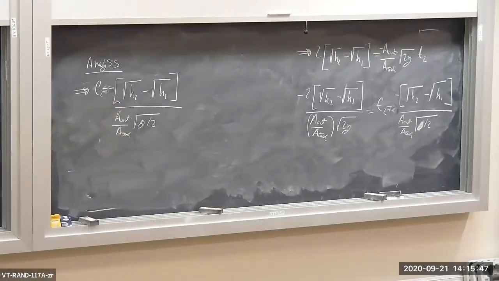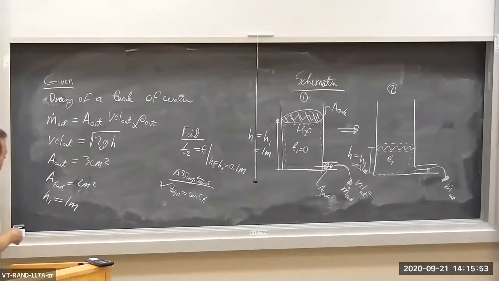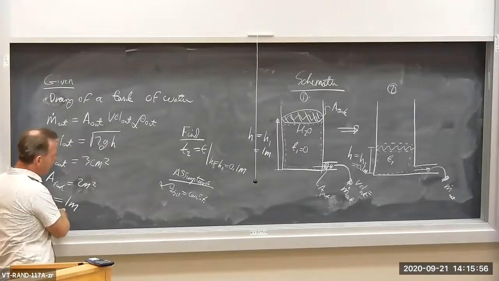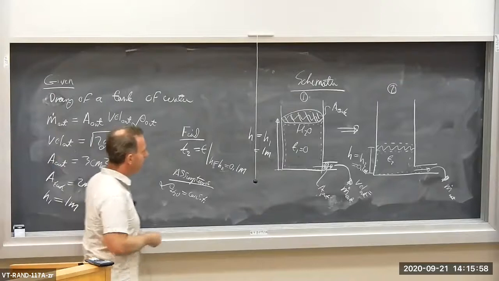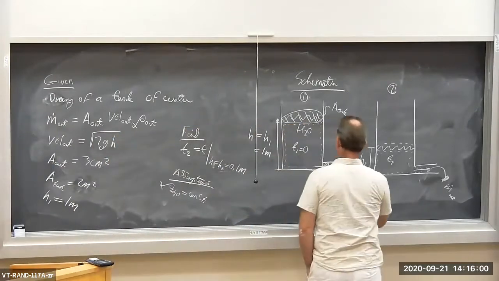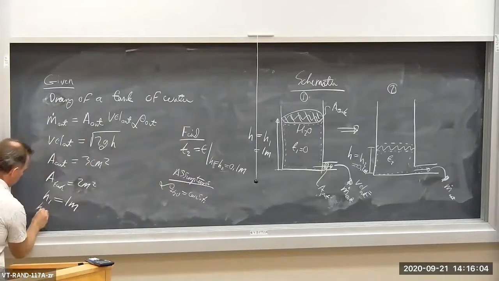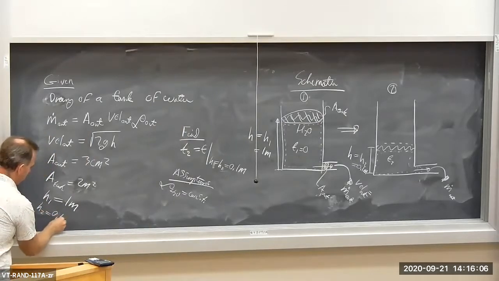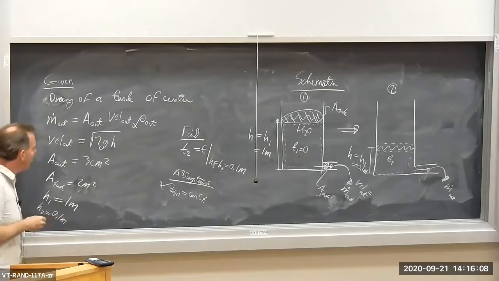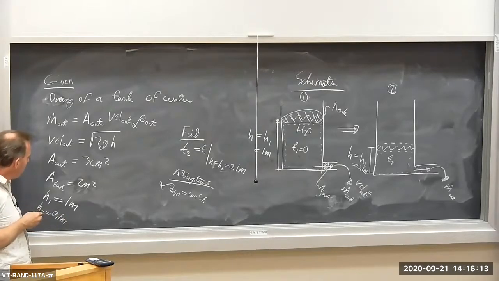Now, we have the heights. We have the height h1, which is 1 meter. The height h2, which is 0.1 meters. Did I include that? I did not include that here. h2, 0.1 meter. So we're going to lose 90% of our volume and therefore mass. I have my h1, I have my h2.